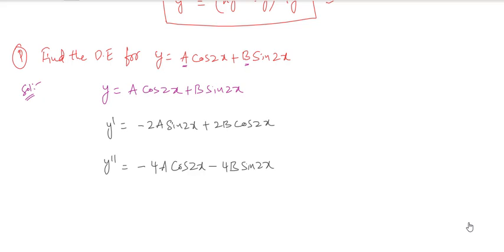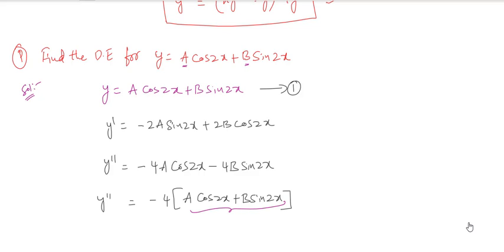If I take this as equation 1 and take minus 4 as common, I'll have minus 4 times a cos 2x plus b sin 2x. So this is your y double dash, and a cos 2x plus b sin 2x is your y.